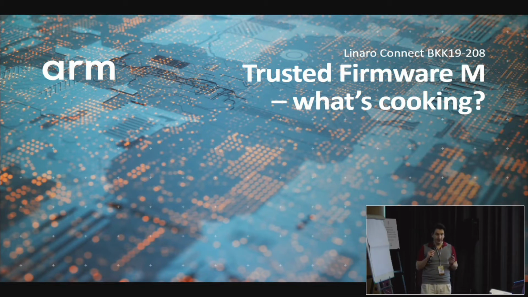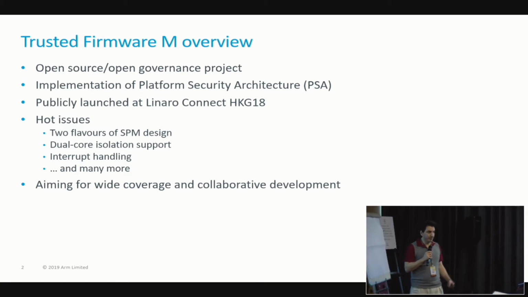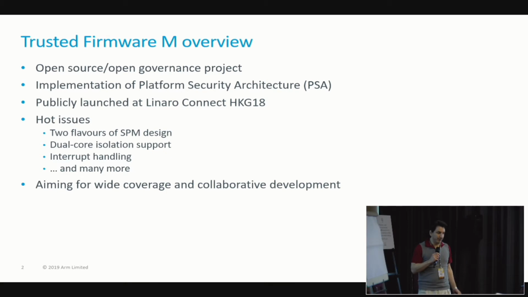Let's start with a quick recap of Trusted Firmware M as a project. It's an open source, open governance project. It is an implementation of Platform Security Architecture, PSA. It was launched 1 year ago at Linaro Connect in Hong Kong. In this 1 year, we have been working on 2 flavors of the secure partition management design.